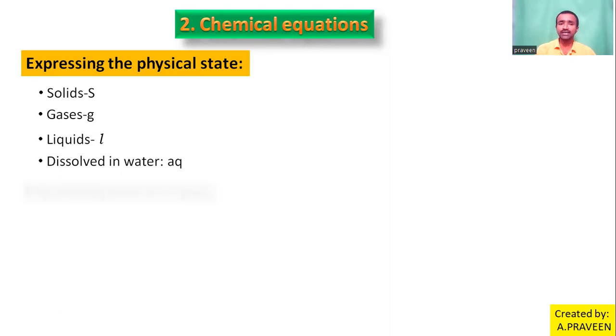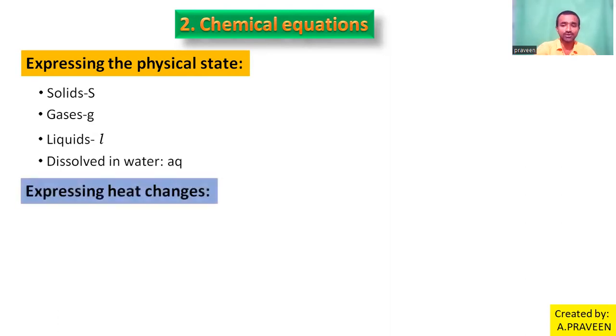The next, heat changes. Two types of heat changes are there. It may absorb heat energy, or it may liberate heat energy. If the contents become cool after the change, we call it absorption of heat energy, or the reaction takes place by external heat energy.